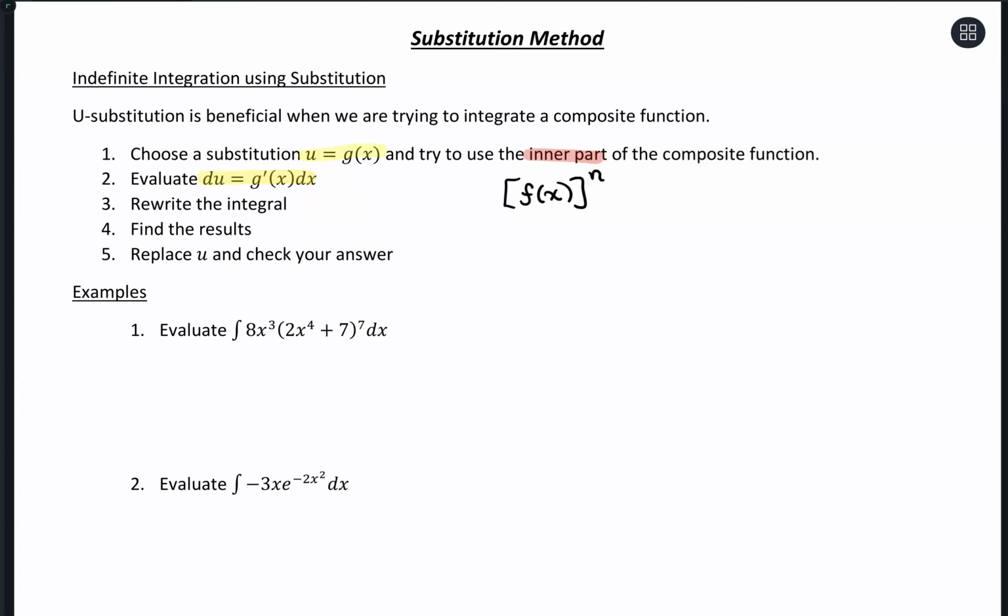We want to use those two pieces together so that we can rewrite our integral in simpler terms, so that we can then just use our rules of antidifferentiation that we learned in the previous weeks. So let's go through some examples here. It does just take practice to identify what u is going to be and what du is going to be. But then from there, it's just using previous rules.